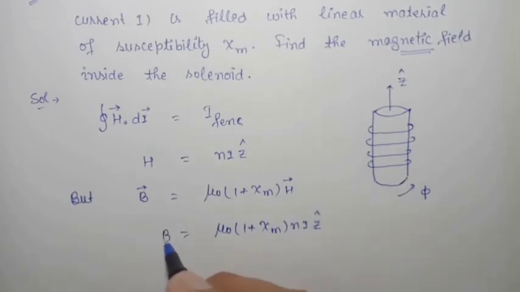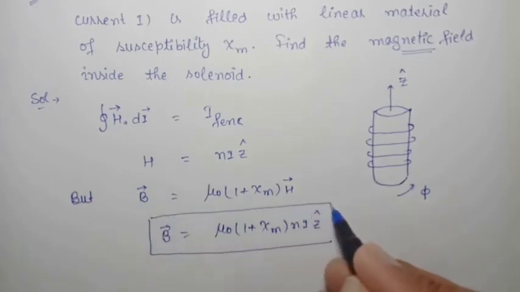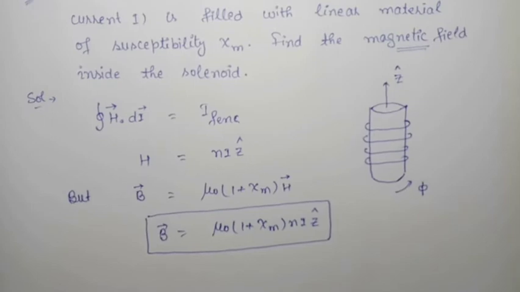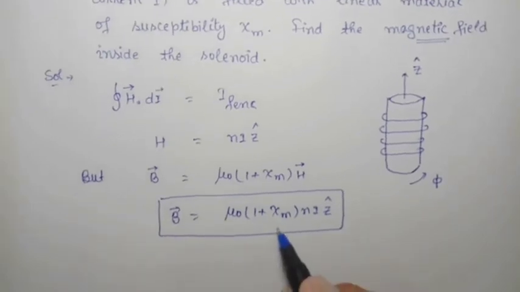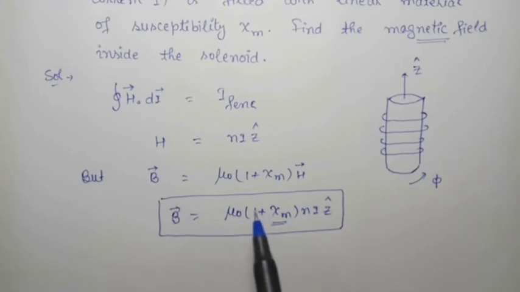So this is the magnetic field for the solenoid: B equals mu naught (1 plus chi m) n I z cap. So the magnetic field depends upon the magnetic susceptibility. For a paramagnetic material, the value of the magnetic field is slightly enhanced, and for a diamagnetic material, because chi m is negative, the magnetic field is slightly reduced.